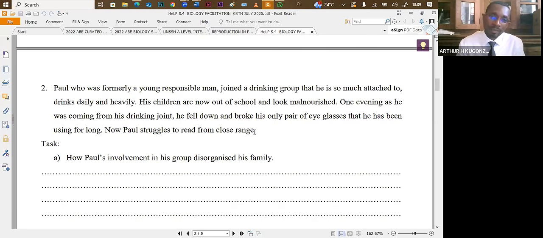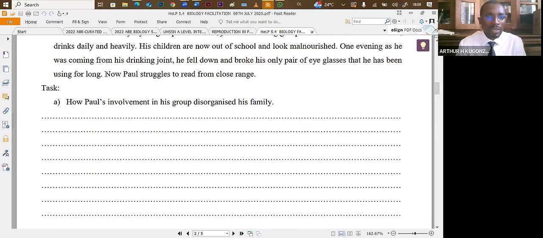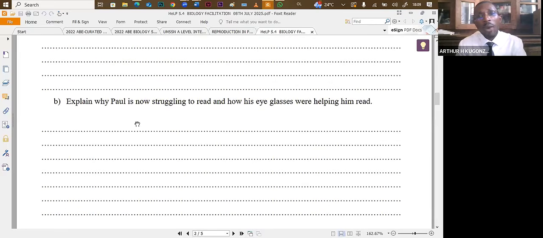But now here, I'm sure why people were interested in us going through this. It is just how to interpret this. The interpretation of this clause here does not matter. If you call it short-sightedness, we shall see how you are going to explain it and how you are going to solve that problem.